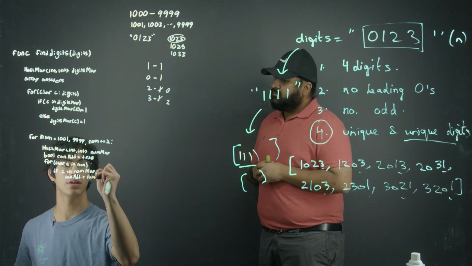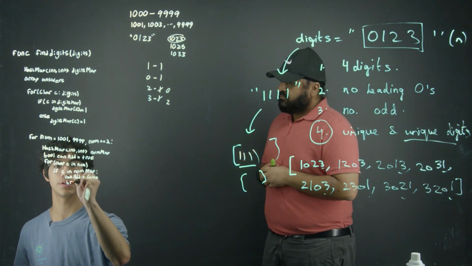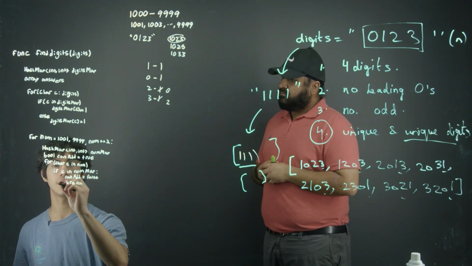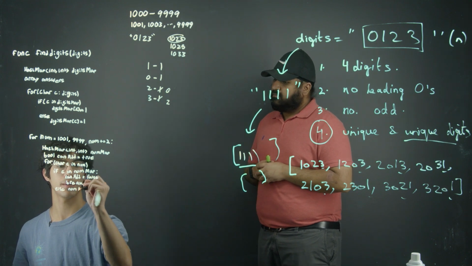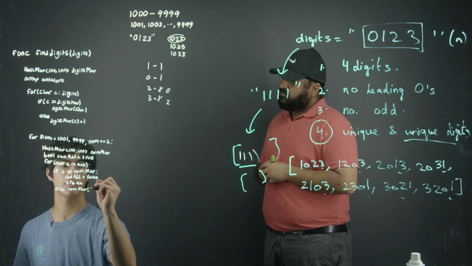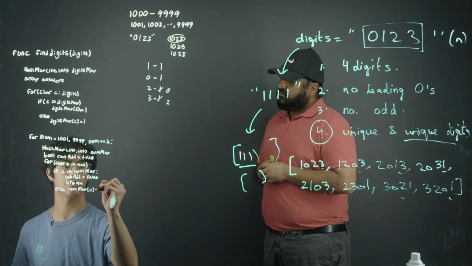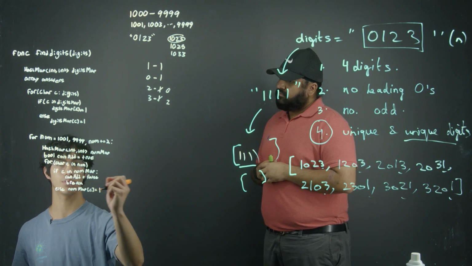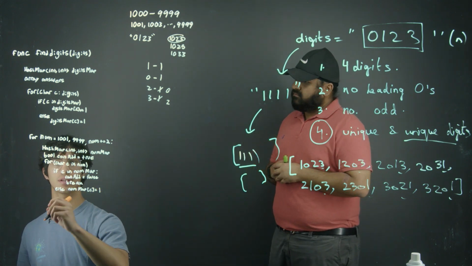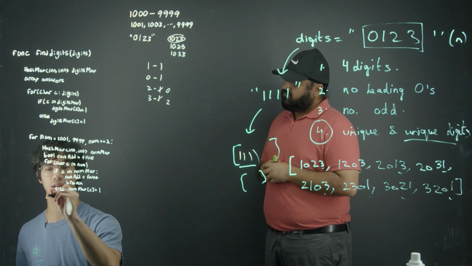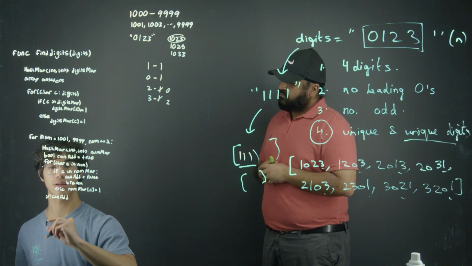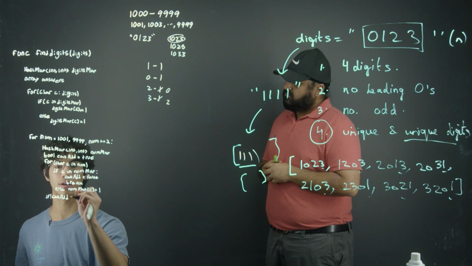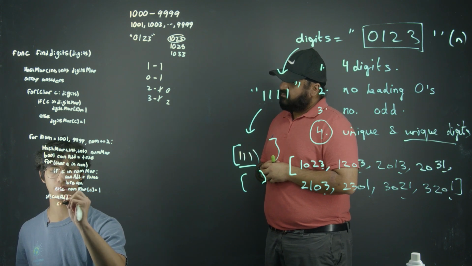And then we're just going to break out of here. Else num map of C is equal to 1. And then after we do this, if not can add, then we're just going to continue with this loop.